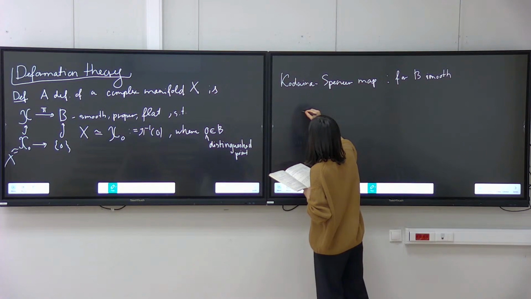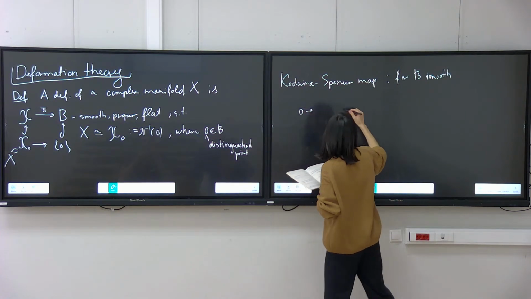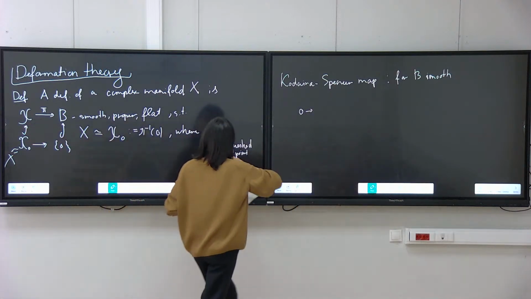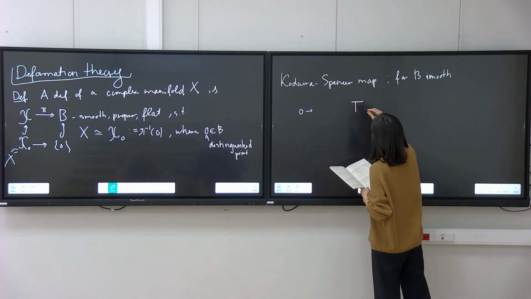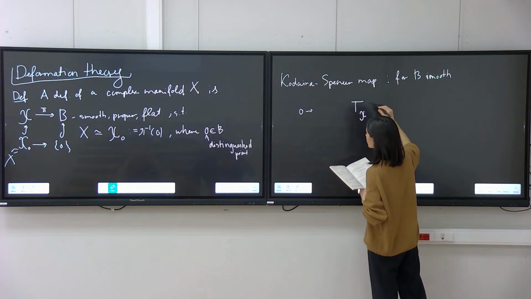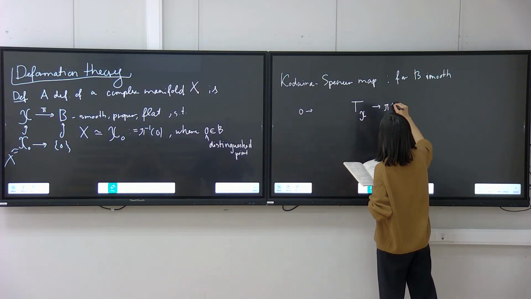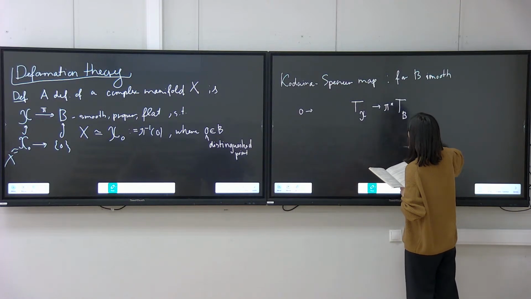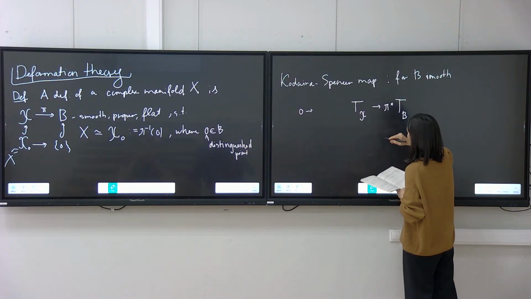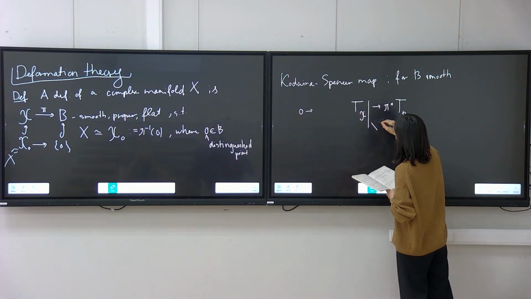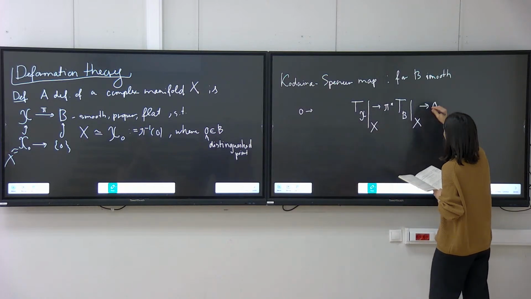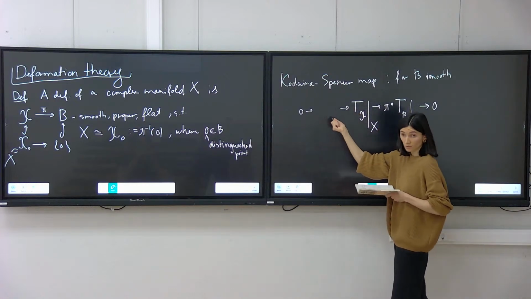We have the following exact sequence on X. First of all, we always have a map from the tangent bundle of X to the pullback of the tangent bundle of B. And if we restrict this map to our variety X, what will be the kernel?